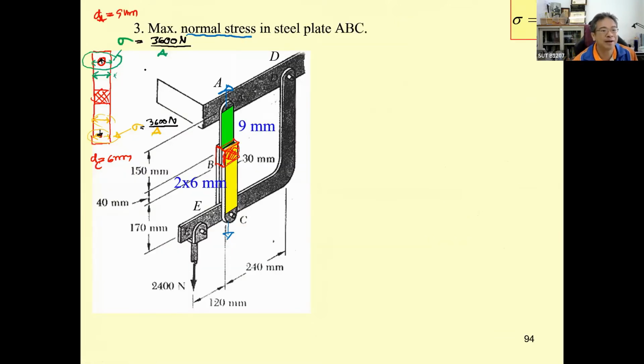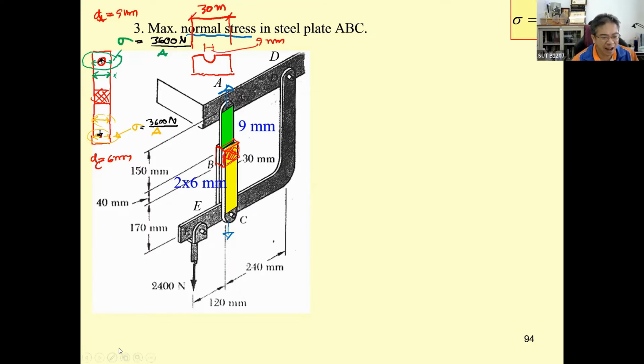This one, when you cut it, let me draw it like this, on this portion, just draw only this portion. What we have is, this one is 30 millimeter, and over here is going to be 9 millimeter.